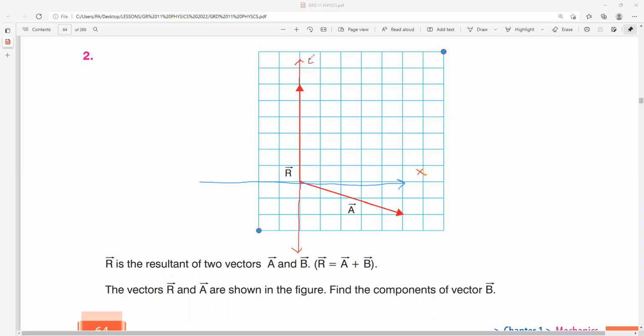And I'm sure you are going to help me now to get AX, AY, and then RX, RY. Please help me for that. RX, what is RX? Please let me know. And then we need RY, and we need AX and AY.